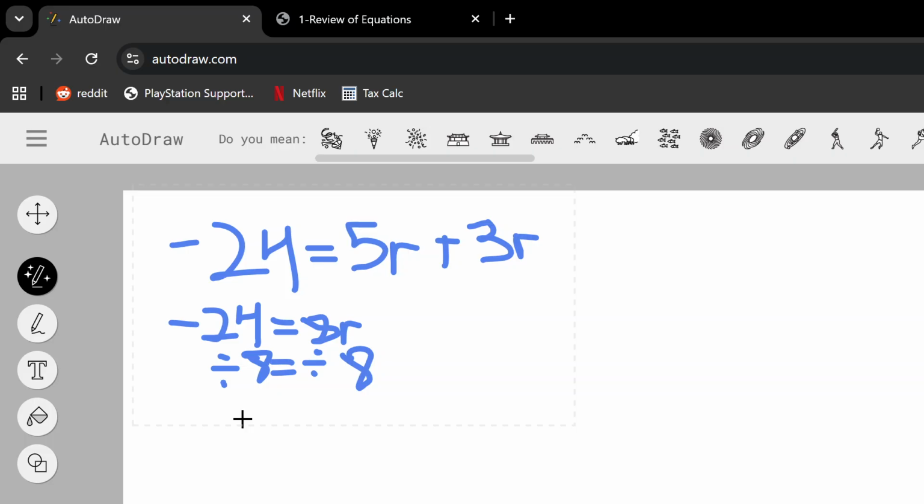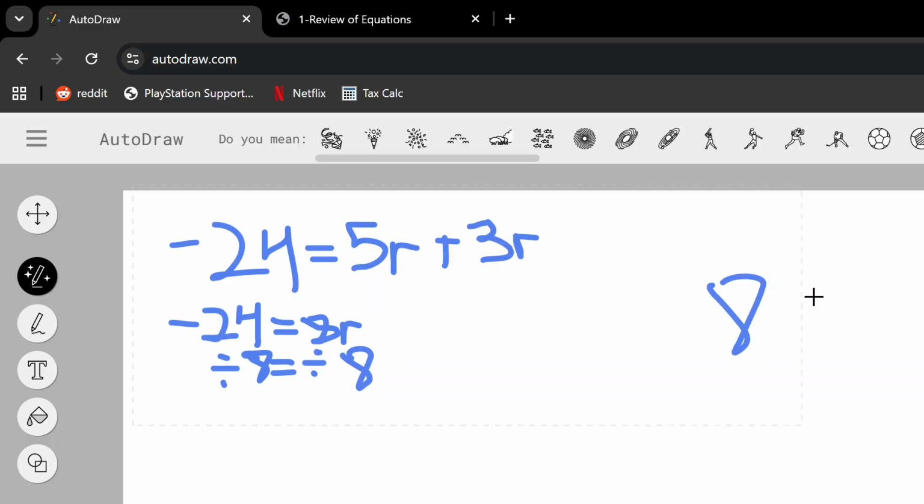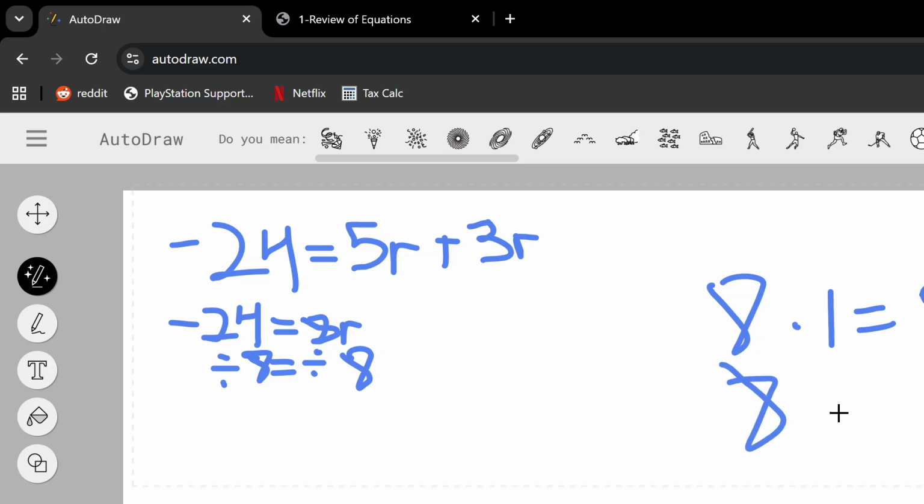You know, this is basic multiplication and division. So if we know 8 times 1 equals 8, right? We know that. Cool. And so then we can also assume that 8 times 2 equals 16 because that's true.